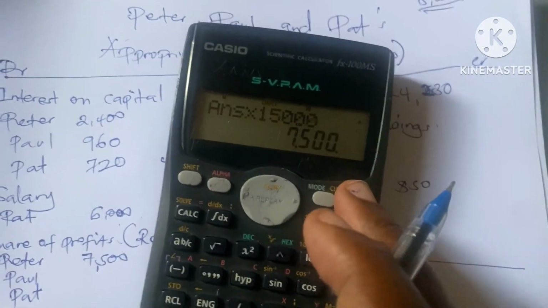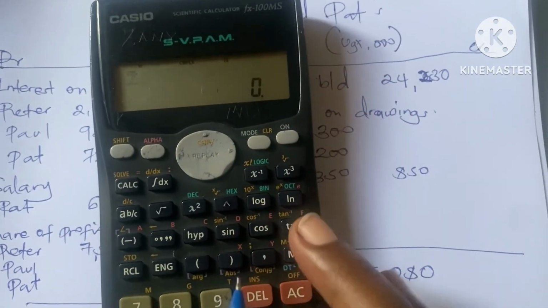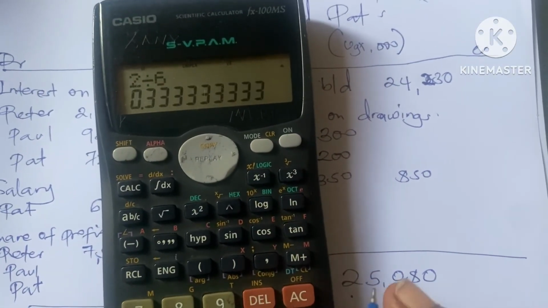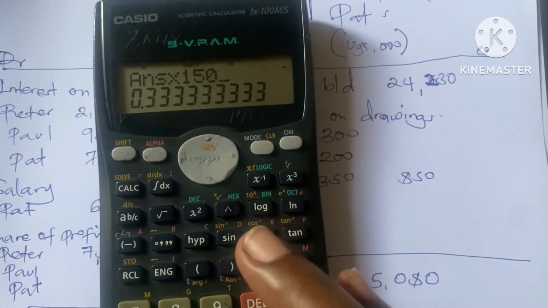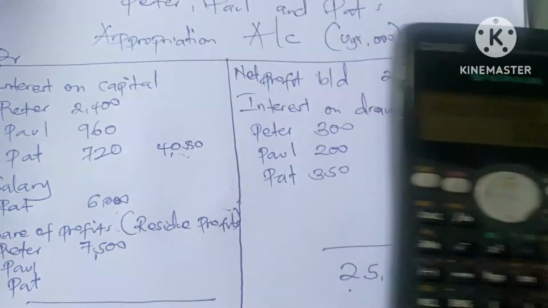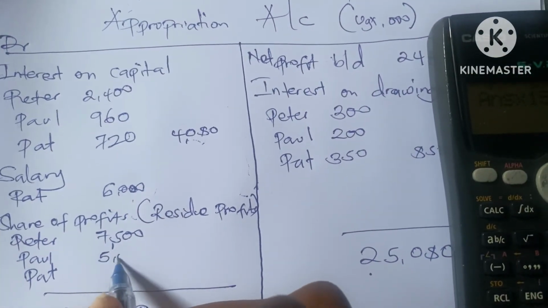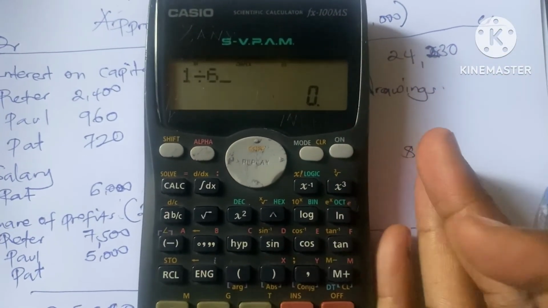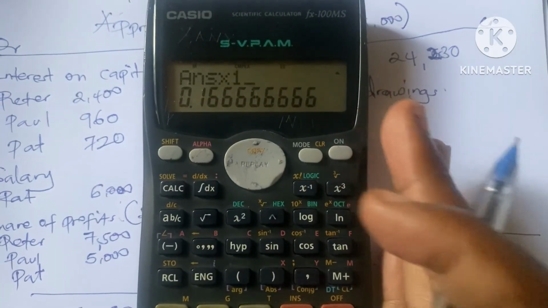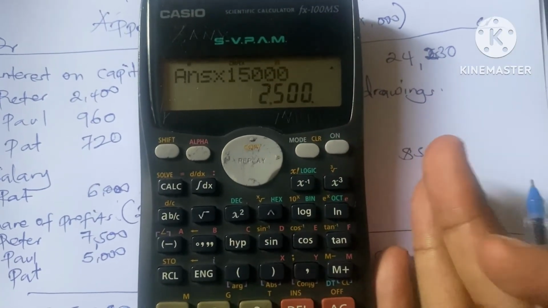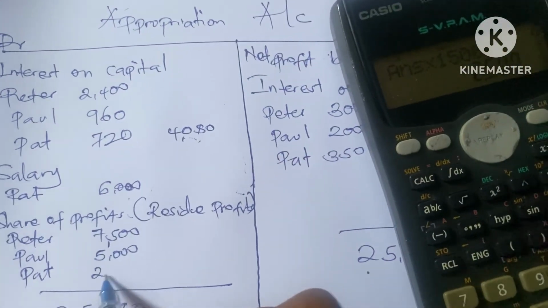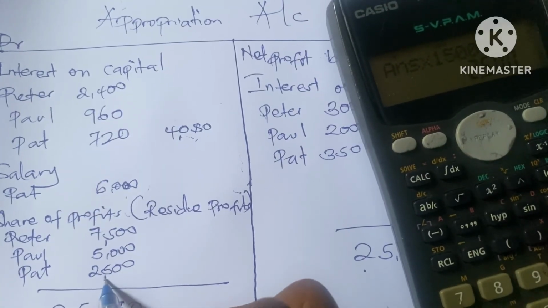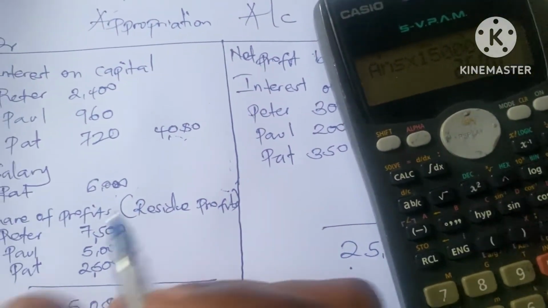Then for Paul, 2 out of 6 times 15,000, which is 5,000. And for Pat, 1 out of 6 times 15,000, which is 2,500. So that is the profits.